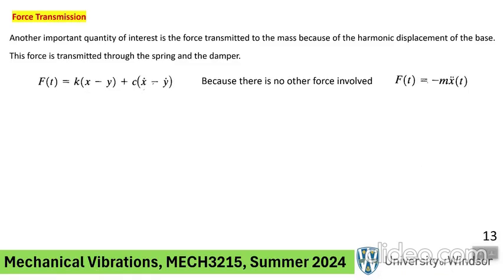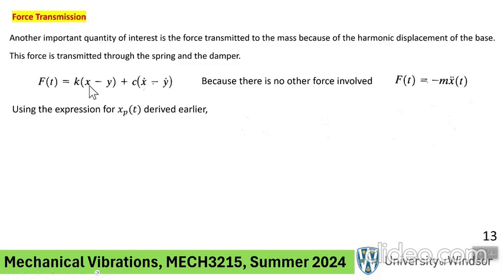But this is not what we're looking for. We're looking at F_T like that, or you can get it from this expression also, x double dot, either from here or here. You're going to get the same answers because this force and that force are the only ones that are present, and the force is just mass times acceleration. Okay. Now, let me remind you what x_p was, because at the end of the day, we know y.